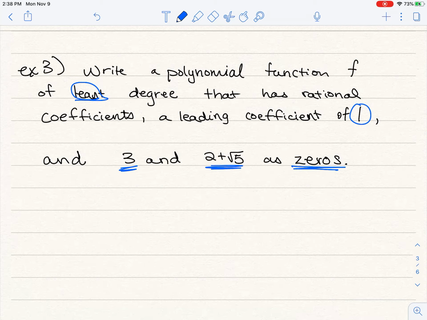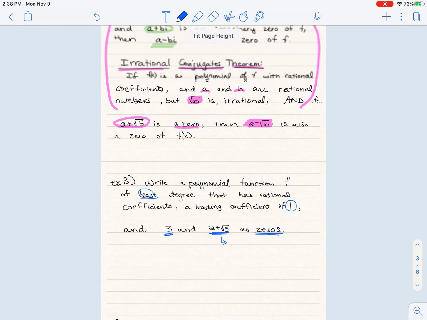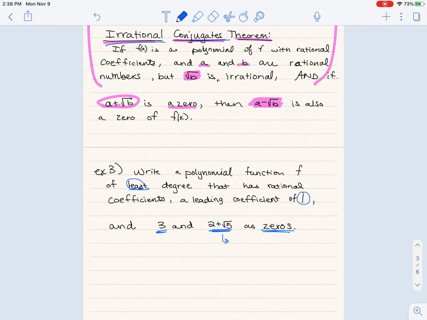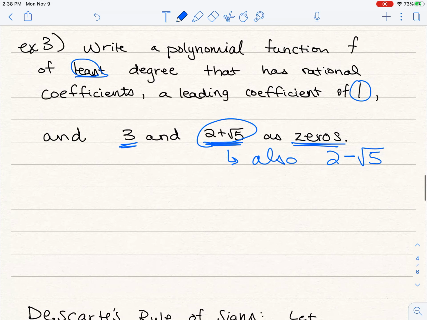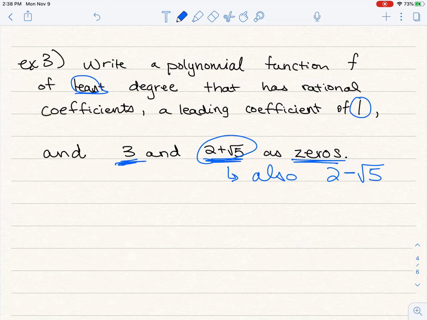And they're saying the zeros are 3 and 2 plus root 5. We know because of the irrational conjugates theorem that if 2 plus root 5 is a zero, then also 2 minus root 5 is a zero.